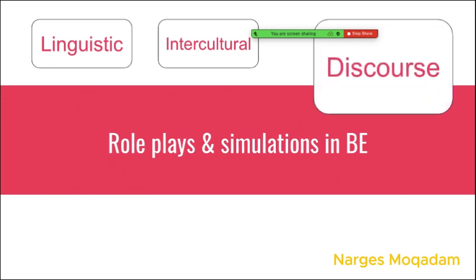And finally, the discourse competence, which deals with language use. This is how people interact with each other within a context, for example, when they are negotiating, when it comes to correspondence, presentations, service encounters, meetings, and much more.